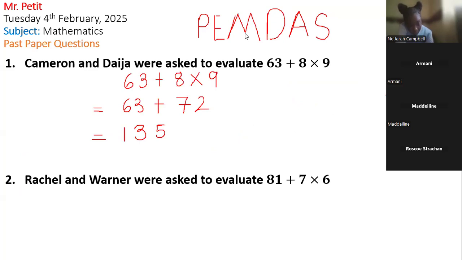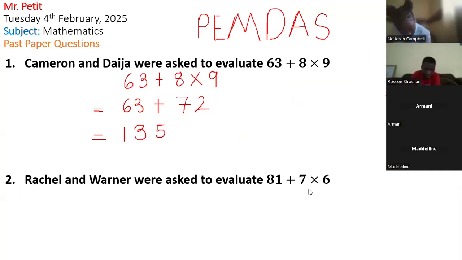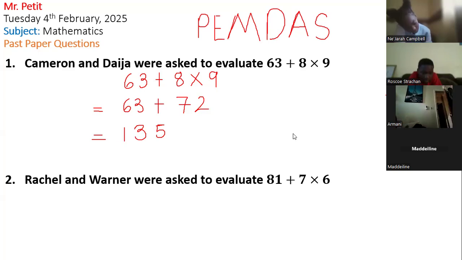If something says to evaluate, does that mean we have to use PEMDAS? Yeah, if they say evaluate, that just means work it out using arithmetic rules. In this case, we're going to be using rules of PEMDAS because we have multiplication and addition. So you always multiply before you add.